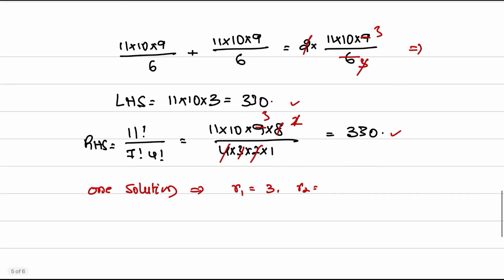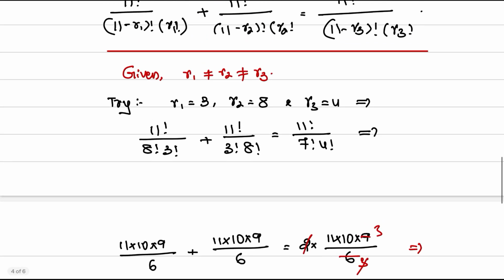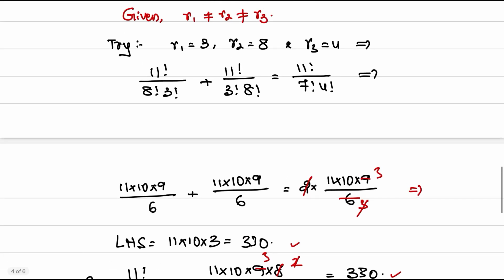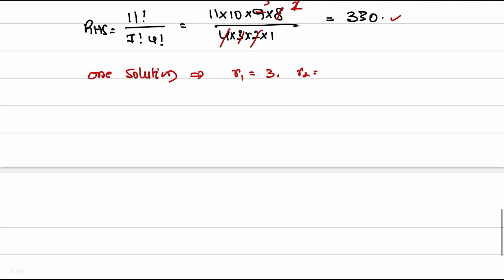Now, one solution is R1 equal to 3, R2 equal to 8, R3 equal to 4, where R1 is not equal to R2 is not equal to R3.